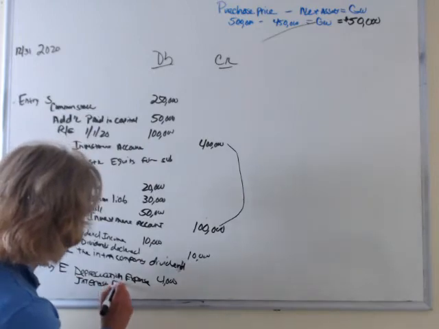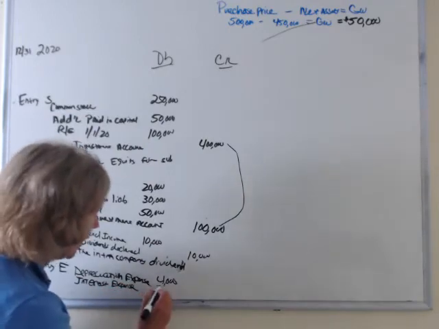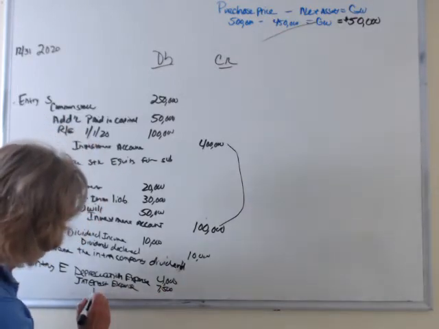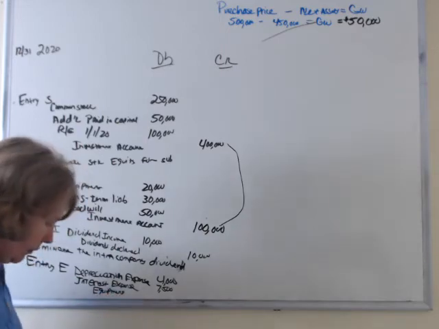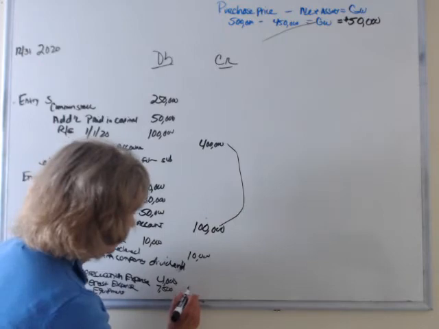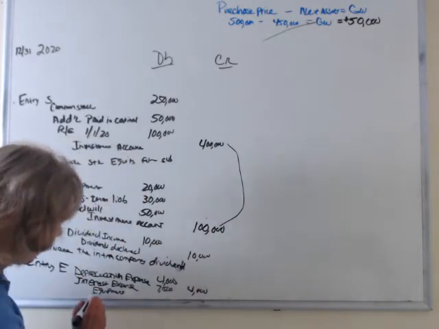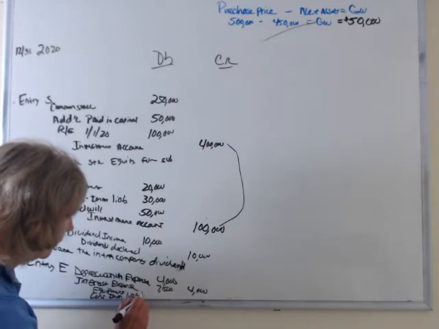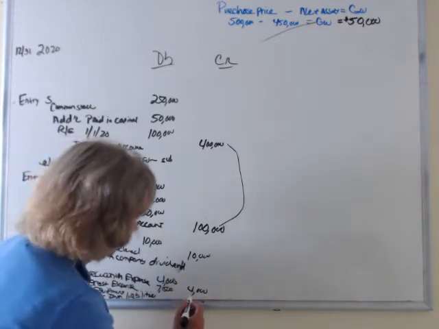Debit interest expense, 7,500. Credit equipment, and I'm not done yet. Credit equipment, 4,000. And credit long-term liabilities for 7,500.